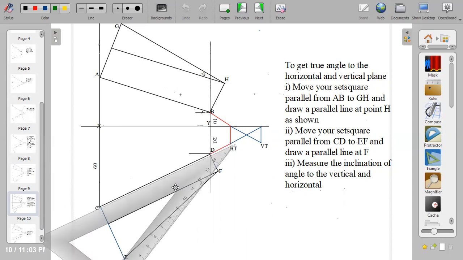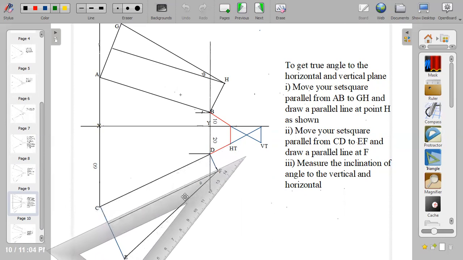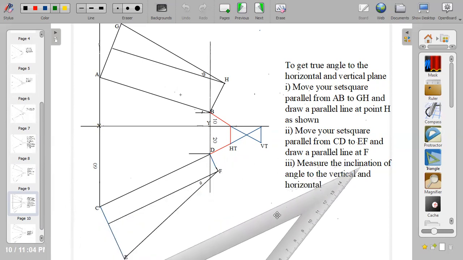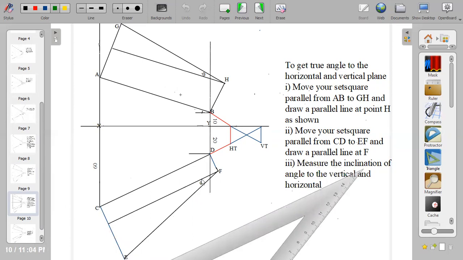So this is line CD. I will move the line until I get to point F. When I get to point F, I'll draw a thin line. So the angle, the inclination from this point F to EF is the true angle to the horizontal plane.